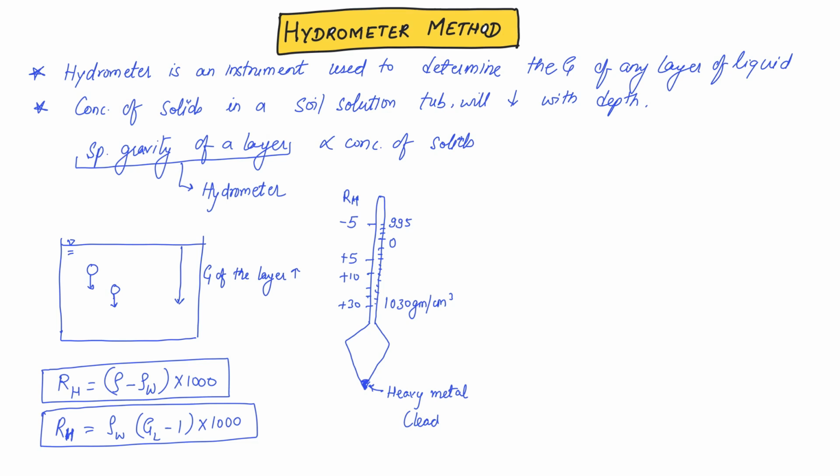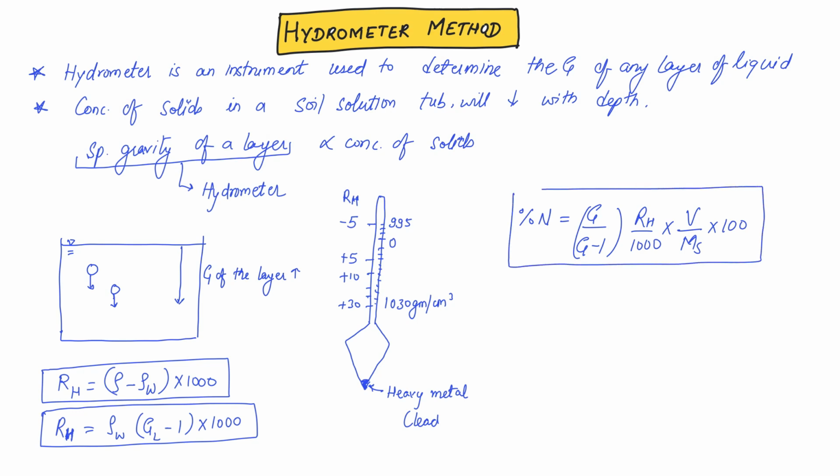Now here also understand that by using the reading of the hydrometer you can simply get the value of percentage finer of any particular layer as capital G by G minus 1 into reading of hydrometer divided by 1000 into capital V upon MS into 100. That 100 is for the percentage. But what is this formula? You can see what the reading of the hydrometer is, which I have already told you, that you will observe.